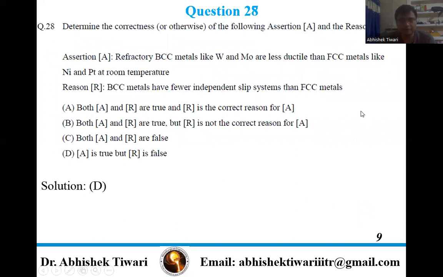Now, question number 28. Determine the correctness of the following assertion and reason. Assertion A: refractory BCC metals like W and Mo are less ductile than FCC metals like Ni and Pt at room temperature.